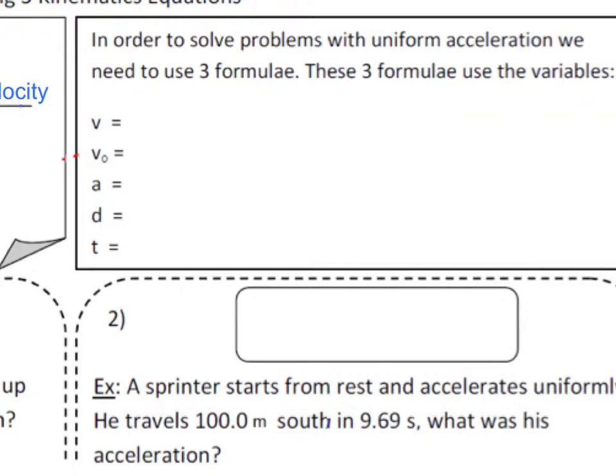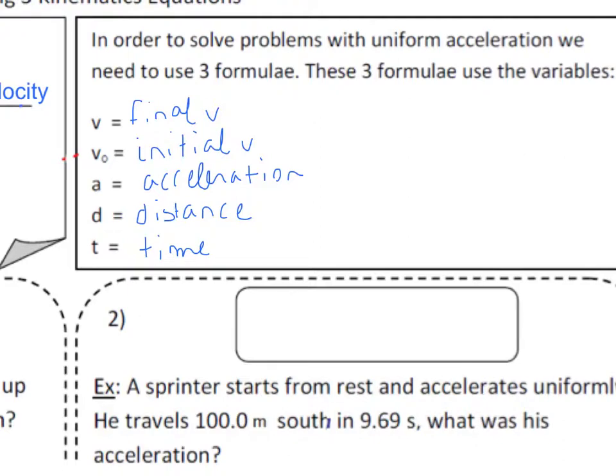Let's identify some variables. So v is final velocity, vo is initial velocity, a is acceleration, d is distance, and t is time.